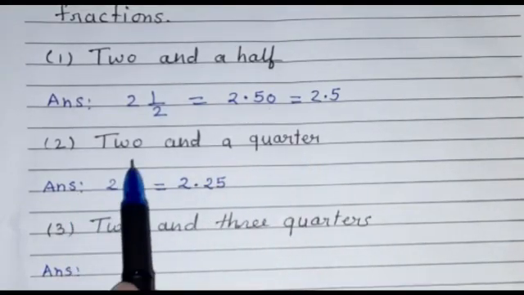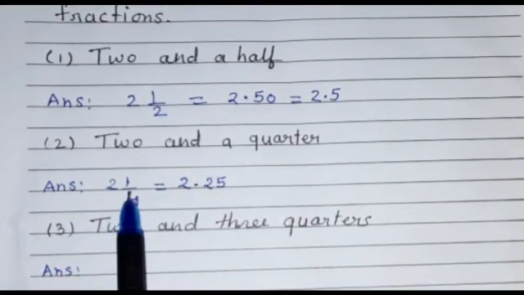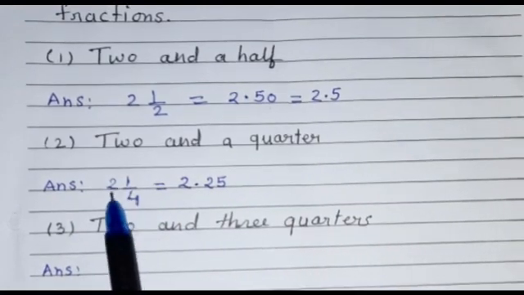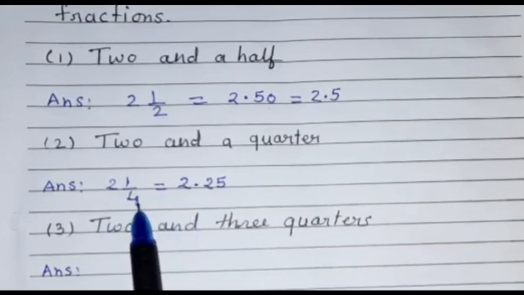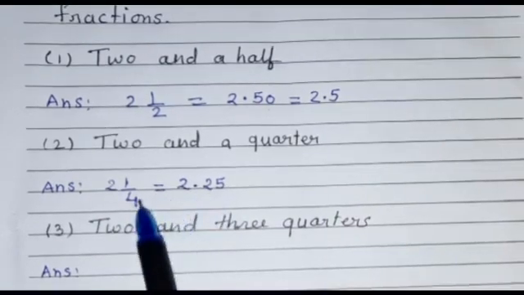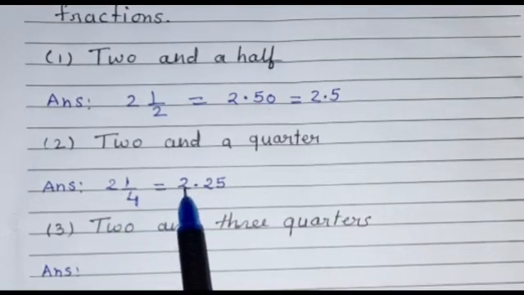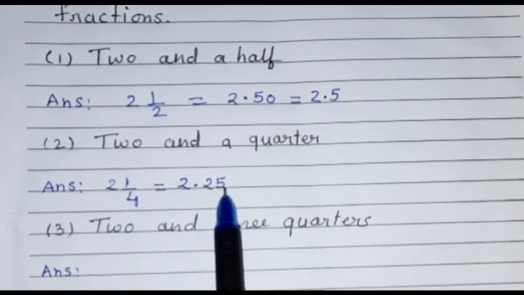Second one, 2 and a quarter. Now 2 and a quarter, write in fraction 2 and 1 upon 4. Now in decimal form 2 is written as it is, and 1 upon 4 is equal to 0.25. So 2 and 1 upon 4 is equal to 2.25.